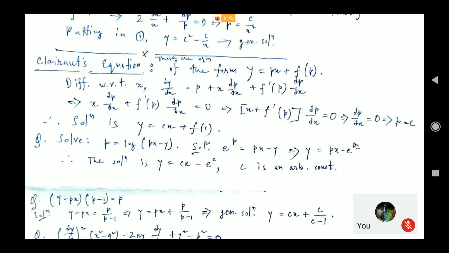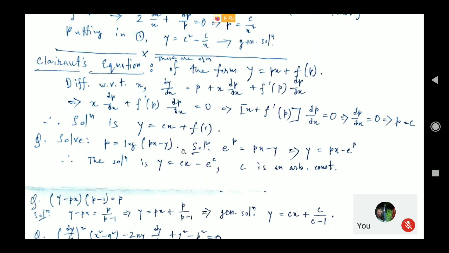The function of p is e to the power p here. So therefore it is in Clairaut's equation form. Therefore its solution is directly, you just replace the p by c, arbitrary constant. Therefore the solution is y equal to cx minus e to the power c.